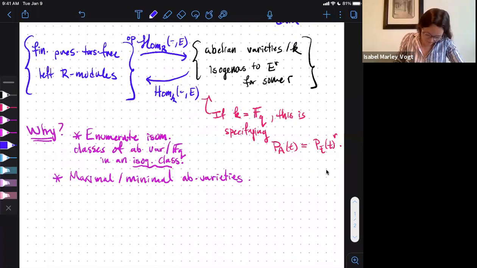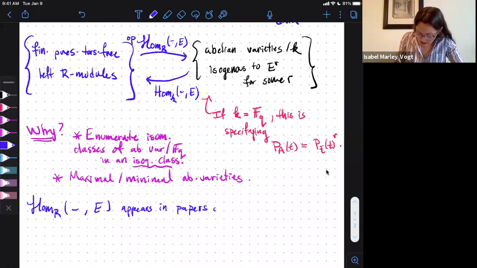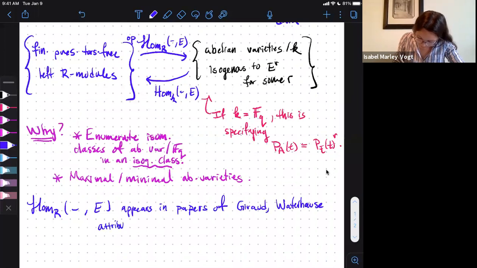So this functor, fancy Hom_R into E, appears in papers of Giraud and Waterhouse, and it's attributed to Serre and Tate.